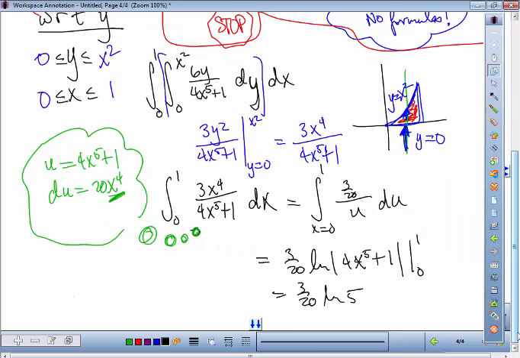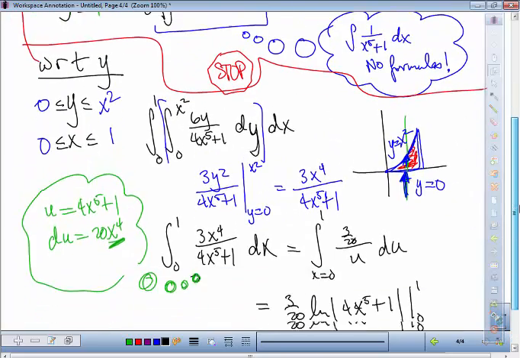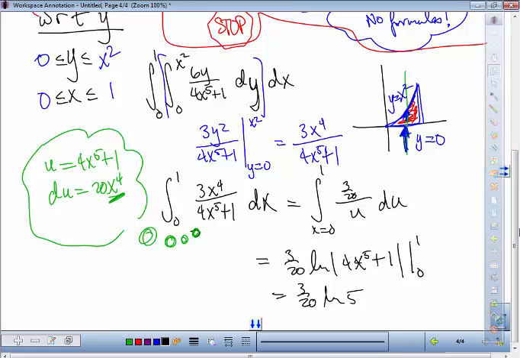So the first method that we used when we integrated with respect to x first was not all that completely wrong, right? The only thing that was wrong with it was that after we do it that way, we tried to integrate and we couldn't do it. So we switched it around and then we were able to do it.